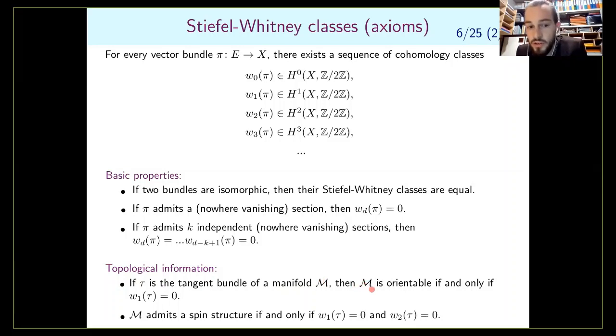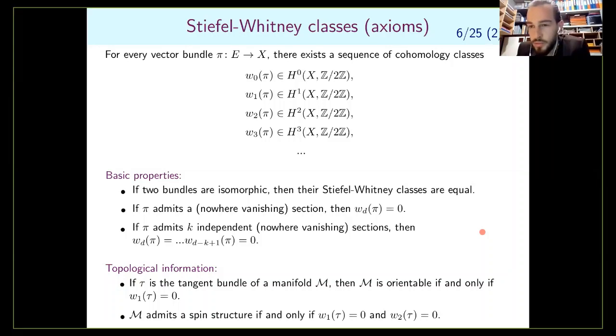The manifold is orientable if and only if W1 is 0. And for those who like physics, my manifold admits a spin structure if the first two Stiefel-Whitney classes are 0. Okay.